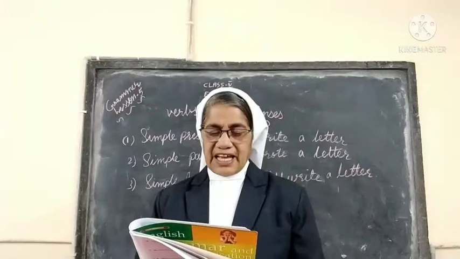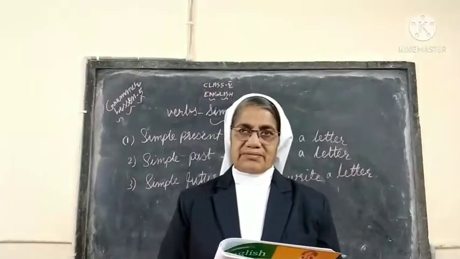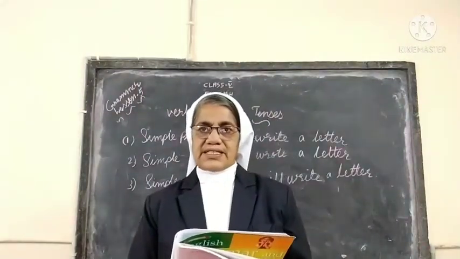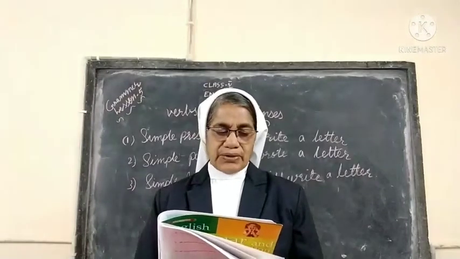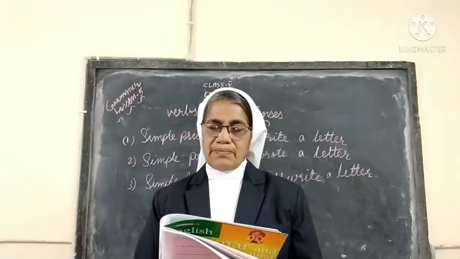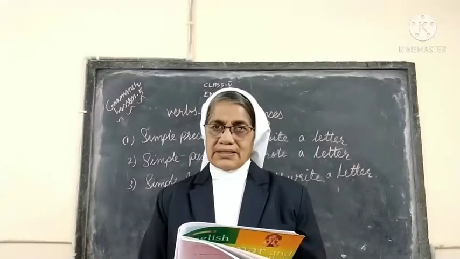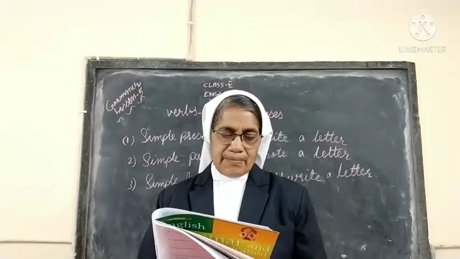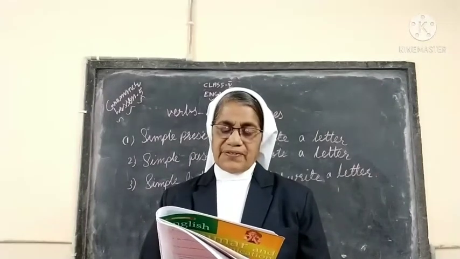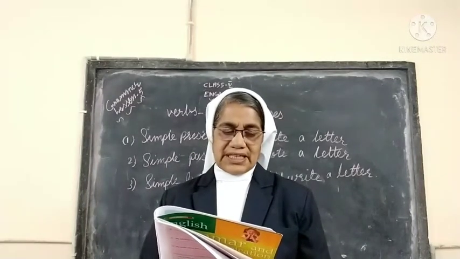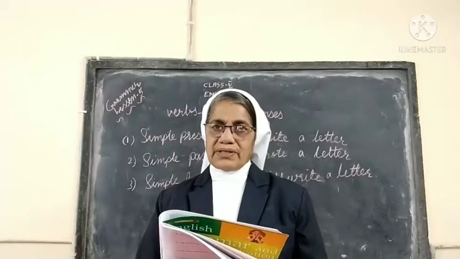See, my grandfather goes for a walk. You know, the sentence is in simple present tense. Now you should write the simple past tense and simple future tense of the sentence. My grandfather went for a walk. See, only the verb will change.